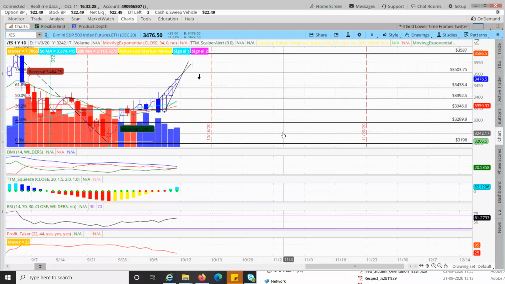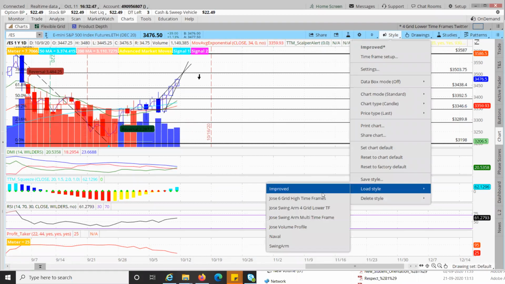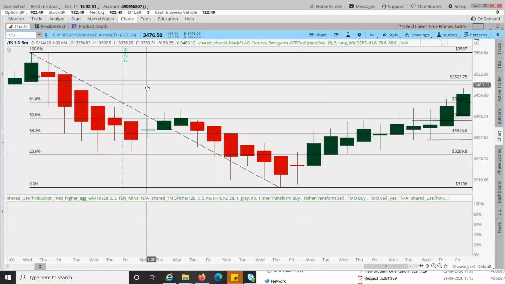Probably a dumb question, Naval. Any reason you're using candles only, or why not use Heikin-Ashi or any other method? Like I'm used to it. People use Heikin-Ashi. I have one more style which I use. Sometimes I even post that. This is Heikin-Ashi.